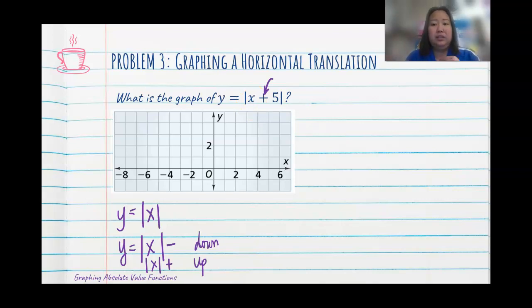So what does this mean? If you are adding or subtracting and those symbols are outside of your absolute value graph, you are moving your graph vertically, which means if you are adding or subtracting inside the absolute value bar, your graph is going to move horizontally.